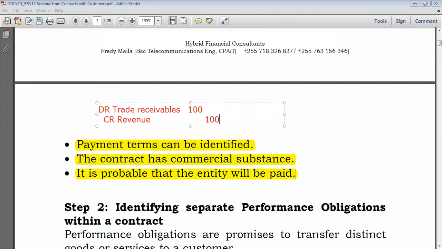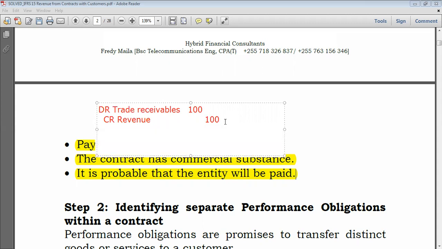But if you take great care over it, you would find out what. Let's presume that the customer becomes bankrupt. If the customer becomes bankrupt, that means the customer won't be able to pay you. Then what would be the result? If the customer cannot pay you, you would have to write off these trade receivables, which would happen like this.